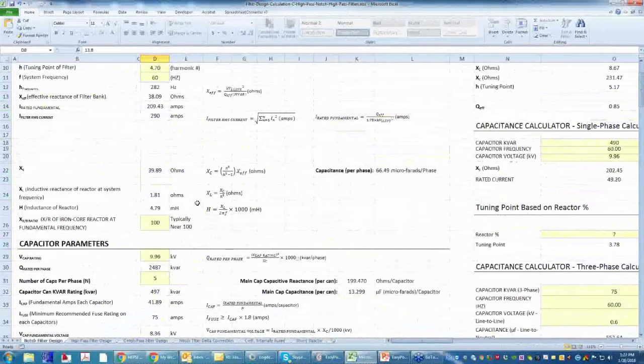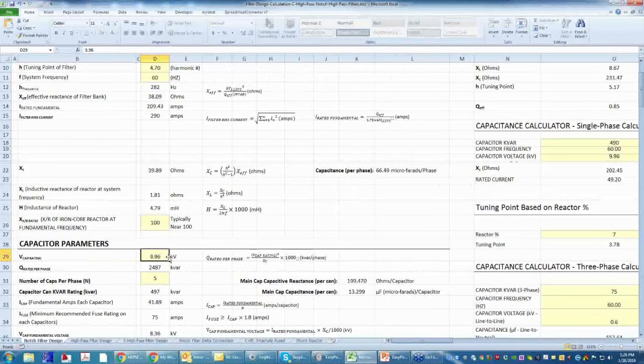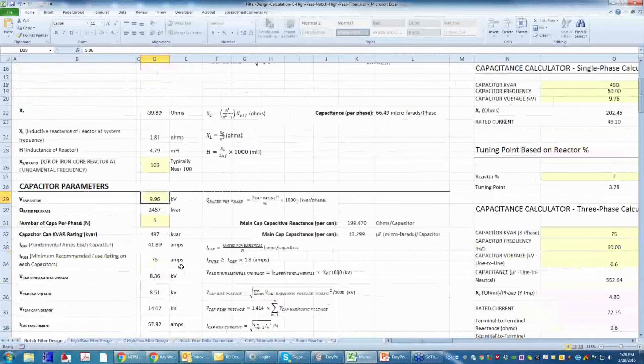So at 13.8, the line to ground voltage, and these are normally Y connected. Almost all medium voltage filter banks are Y connected and ungrounded. You would typically pick a capacitor voltage around 9.96 kV. You might sometimes see some people push the voltage rating down to 9.54 kV.